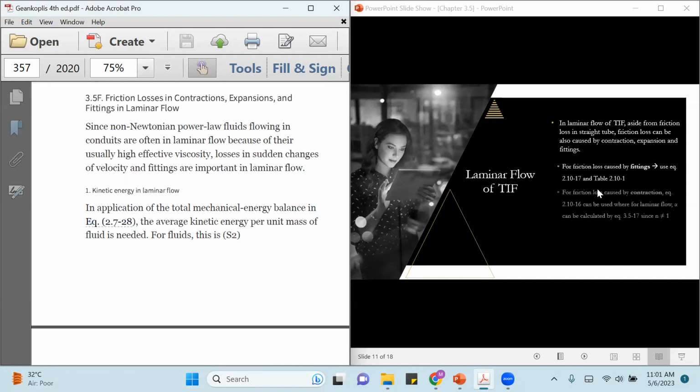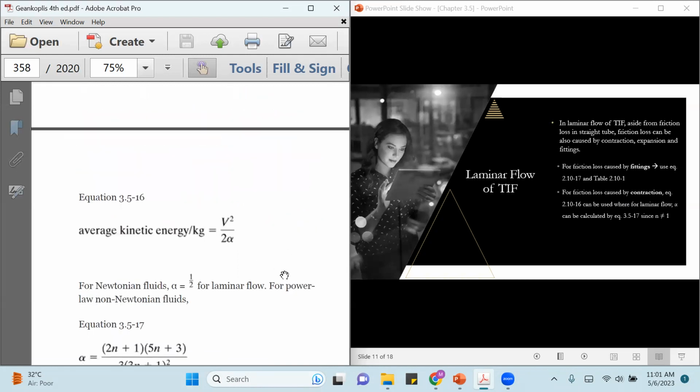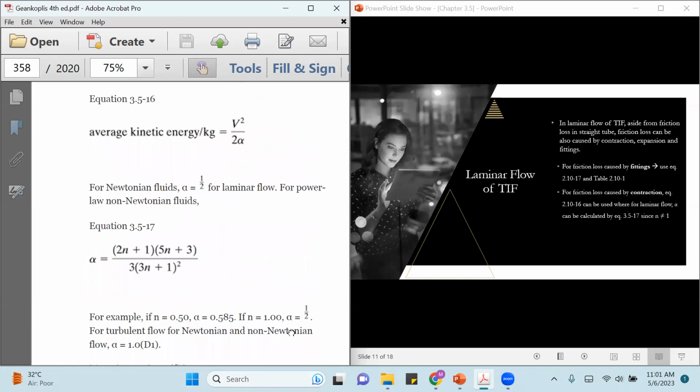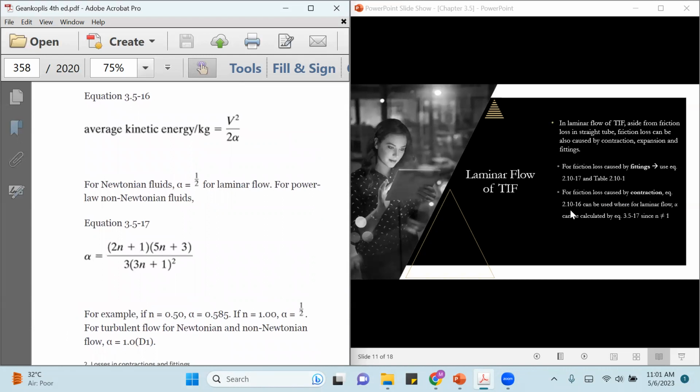And then for friction loss caused by contraction, again use the equation from chapter 2 that can be used for laminar flow. Usually this equation requires the alpha value. The alpha value is 1/2 for laminar flow in Newtonian fluid.